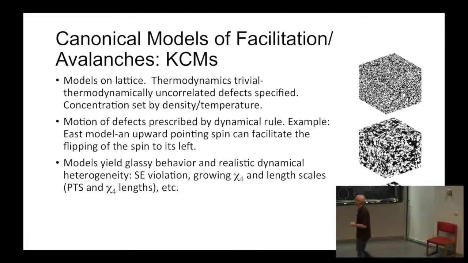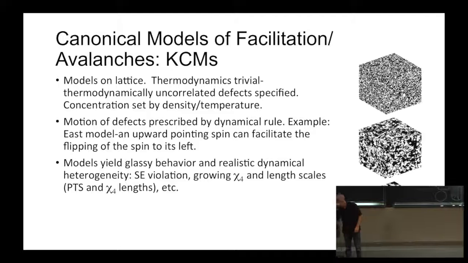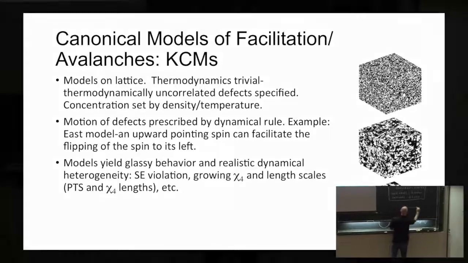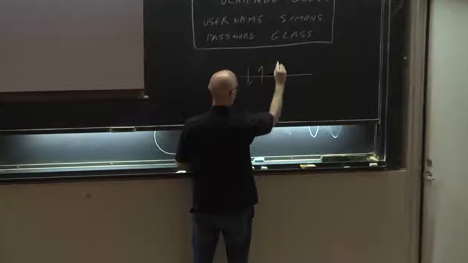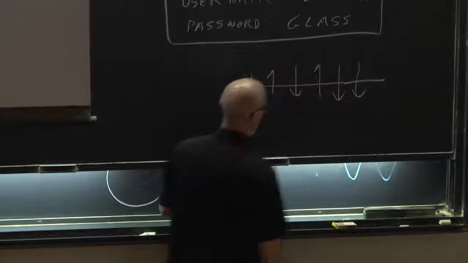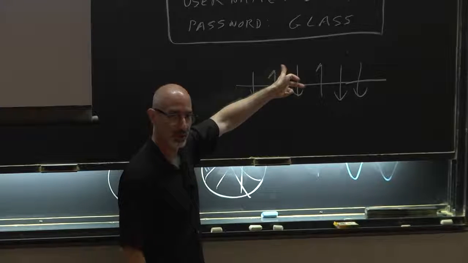So the simplest kinds of models of this class would be something like, I take a chain of spins, and I can have spins up or down. And let's say I look at a given spin. I want to know whether this spin can flip over.